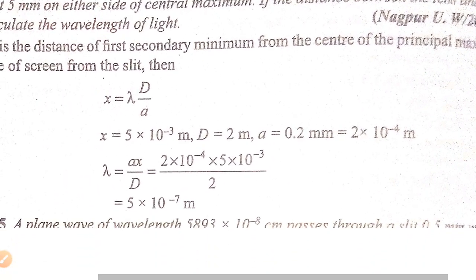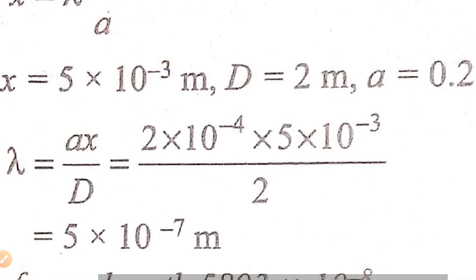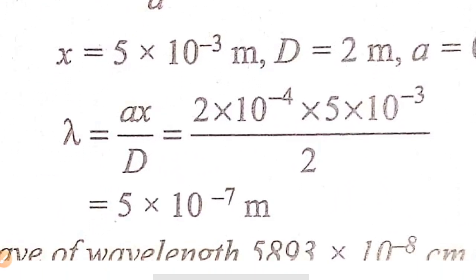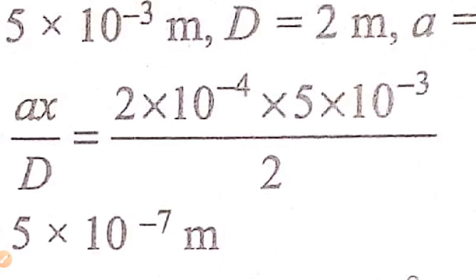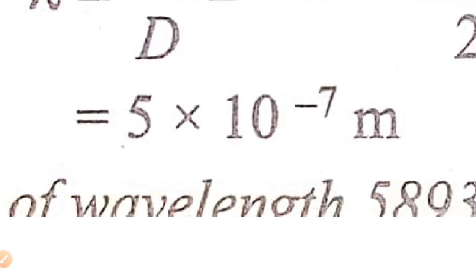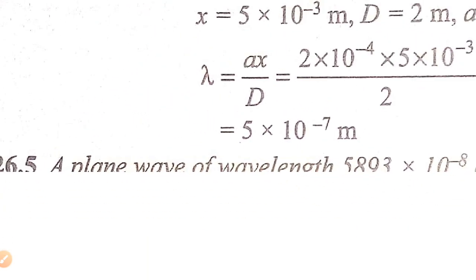Then lambda is equal to ax by D. Putting the values, 2 into 10 to the power of minus 4 and 5 into 10 to the power of minus 3 divided by 2, the answer is lambda equal to 5 into 10 to the power of minus 7 meter.